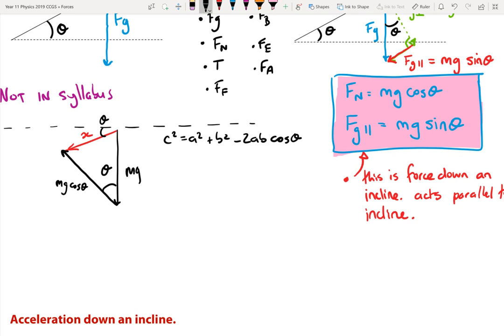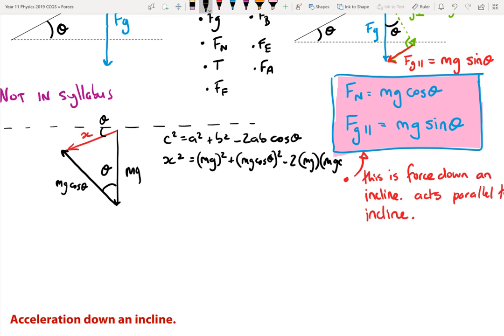Now in this case, x squared equals a squared, so we'll just pick a few. That's mg squared plus mg cos theta squared. I'm going to run out of room. Minus 2. A is mg.